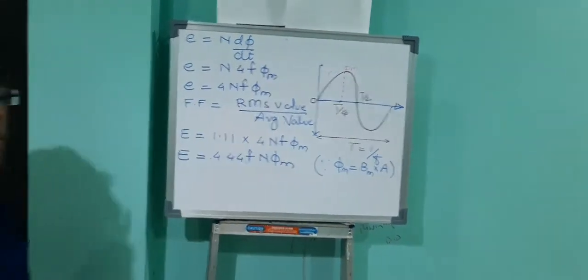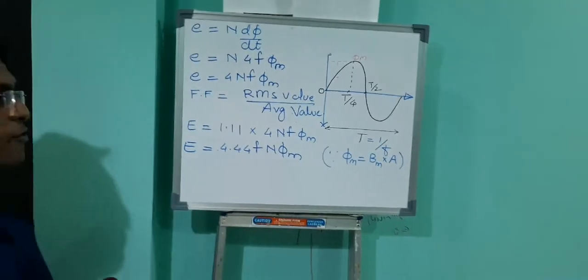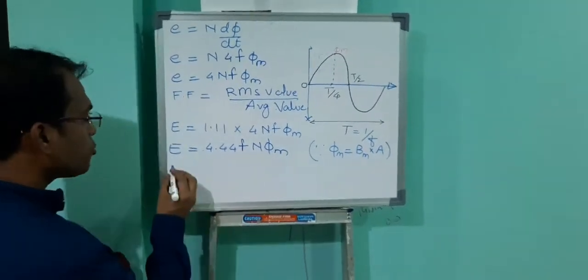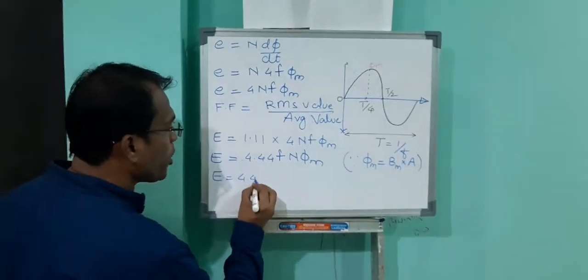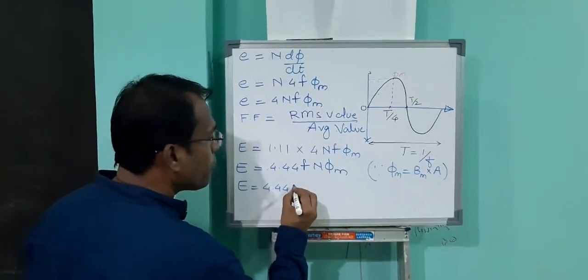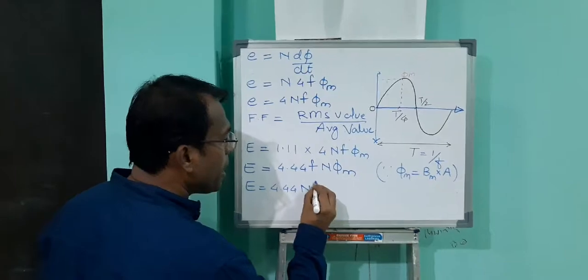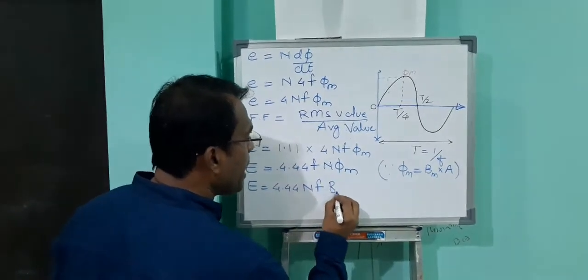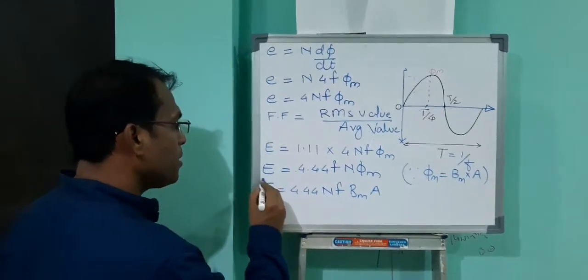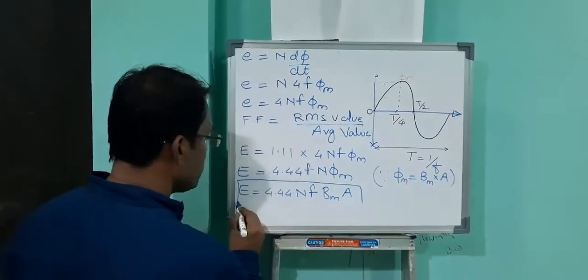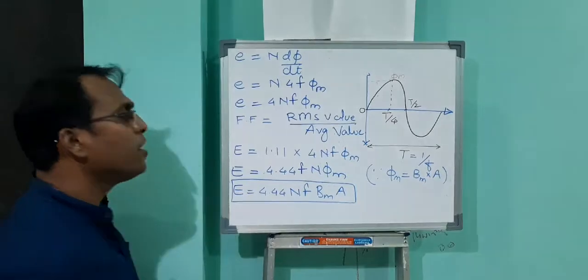Since your phi is equals to maximum flux density into area, so therefore E is equals to, we can say 4.44 n f Bm into A. So this is the EMF equation, generalized EMF equation of transformer.